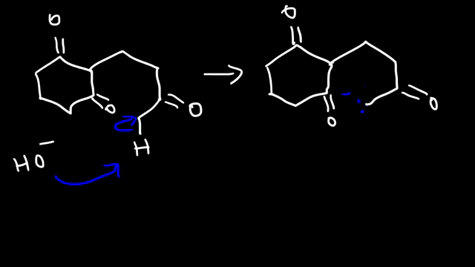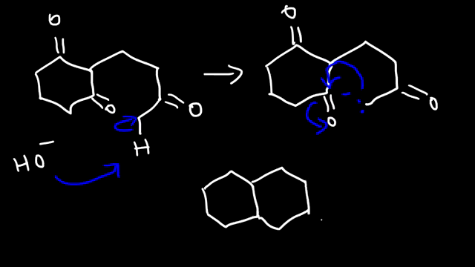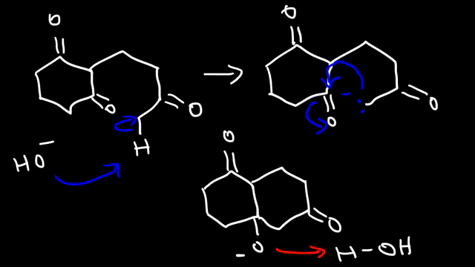And so the enolate ion is going to attack the carbonyl carbon, and so it's going to close and form another ring. So we have an oxygen with a negative charge at this point. And so we're going to react that with water. And keep in mind, there is another ketone molecule over here.